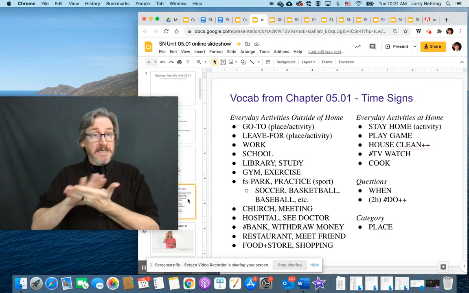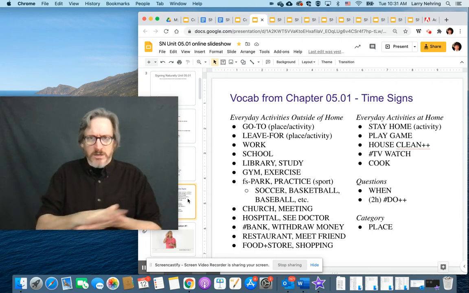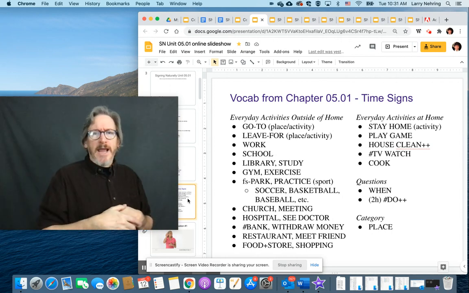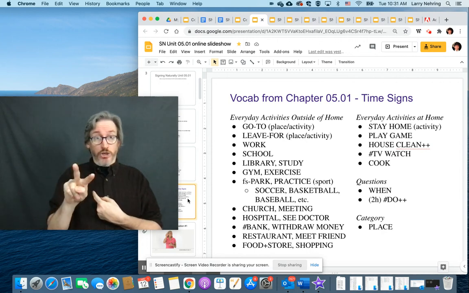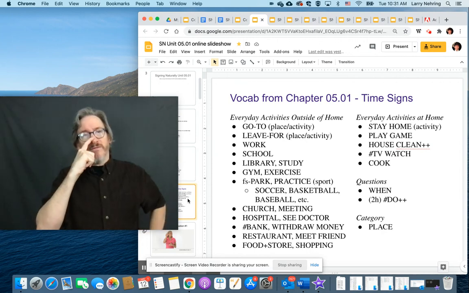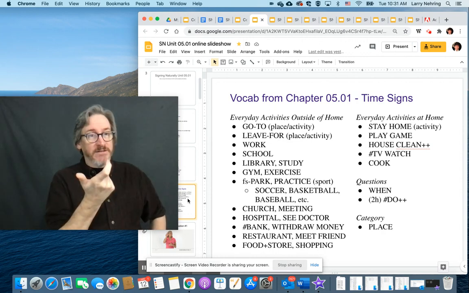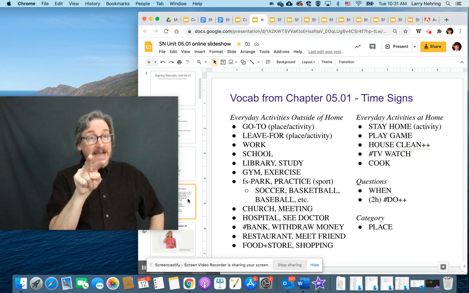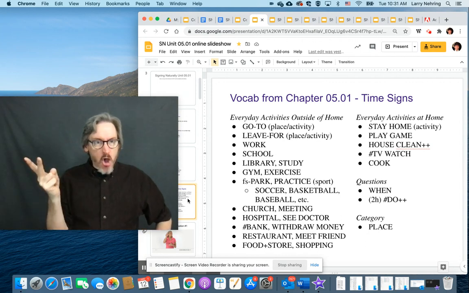House, clean. So clean, I believe we've done this one before, clean. And TV, again, notice the hashtag. So TV, watch, or TV, you'll oftentimes see this for watch. This is very passive. This is more active. And you'll see the sign for see, I saw.